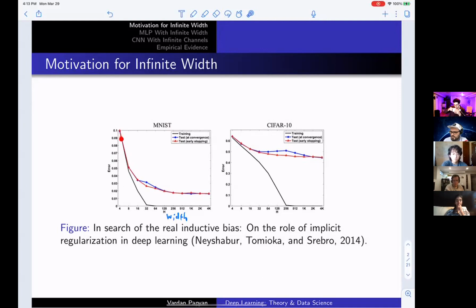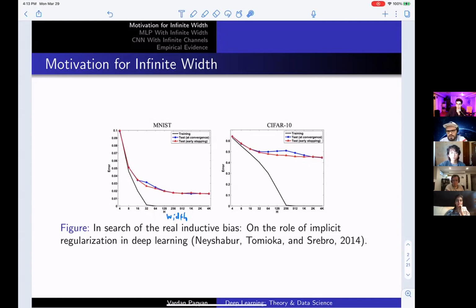What you can observe here, the black line is the train error. And we can see that at some point it becomes very small and essentially zero. This is called the point of interpolation. Interpolation of what? Interpolation of the training data. Do you train them for the same number of epochs and such?